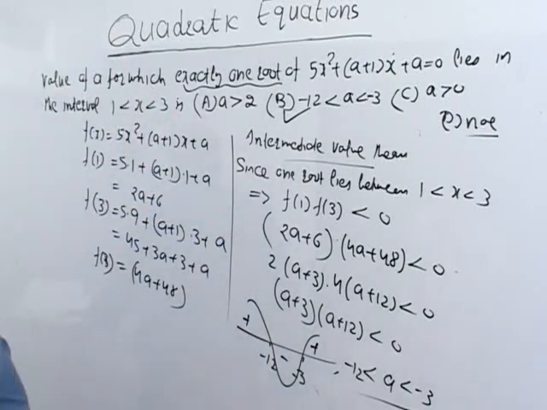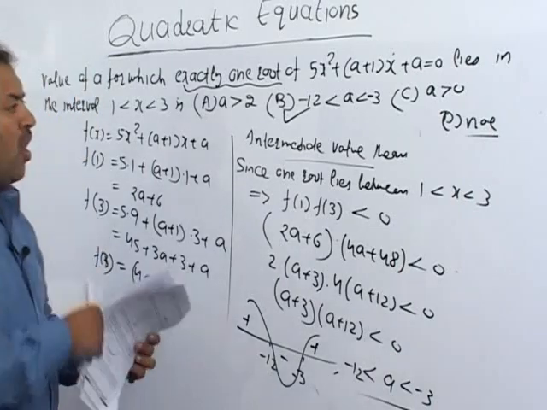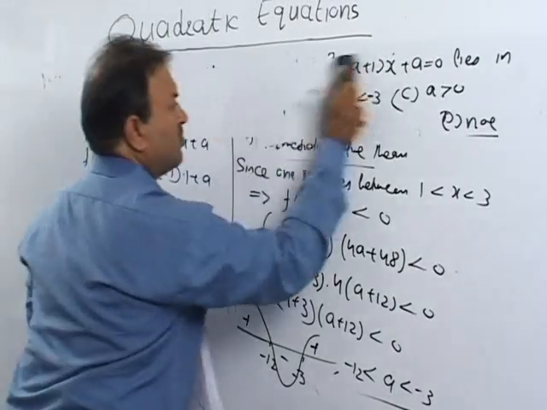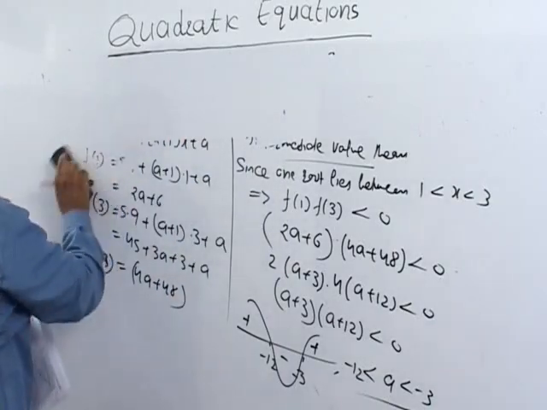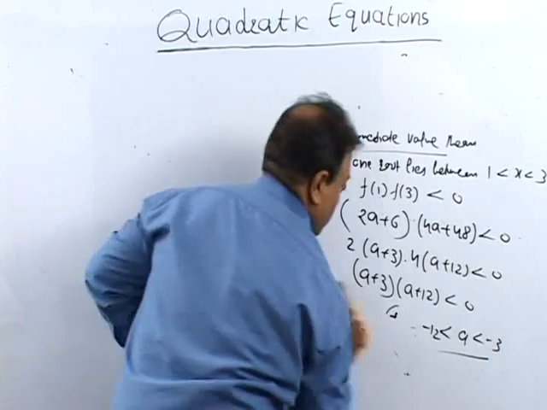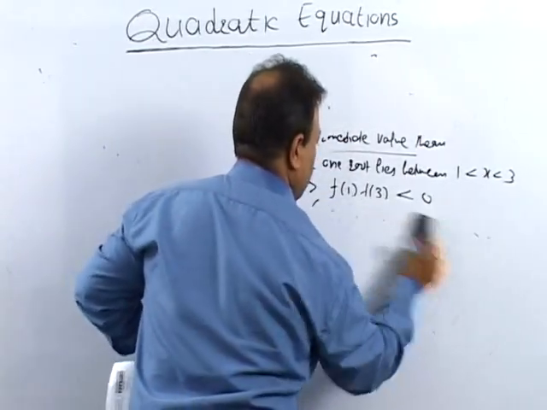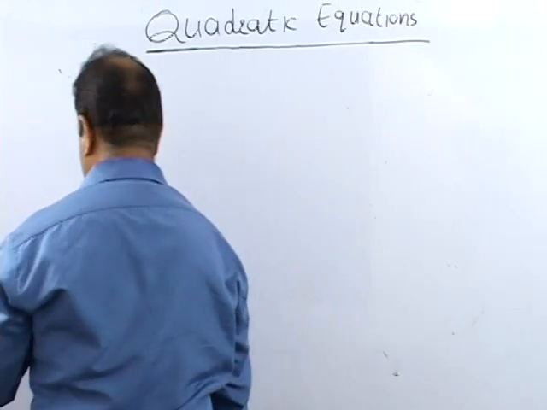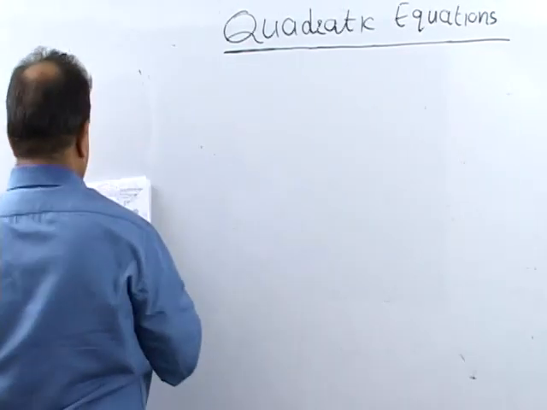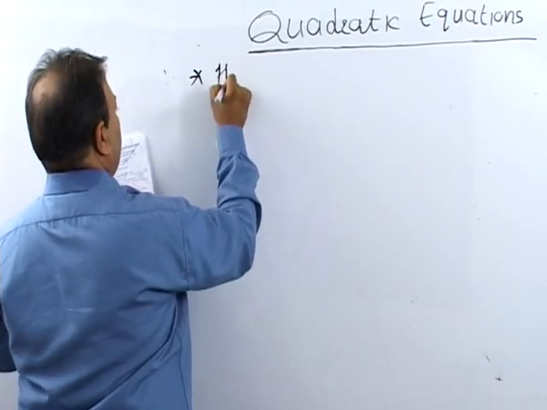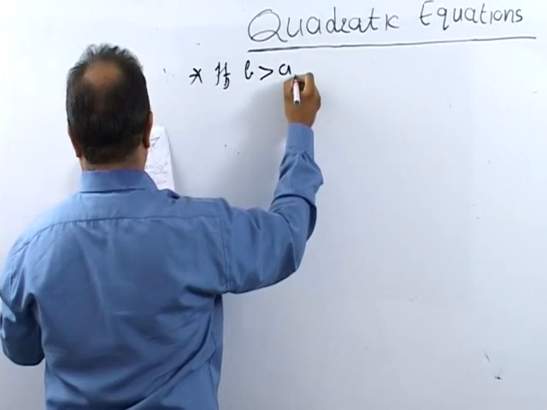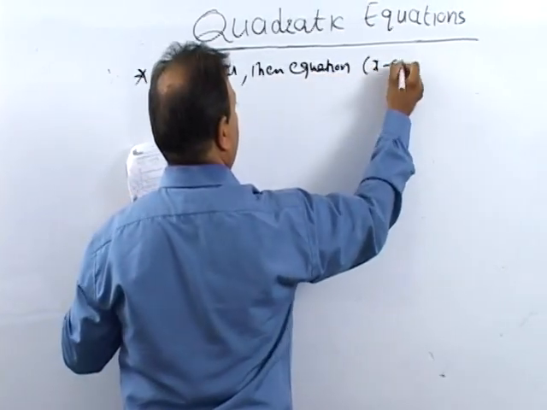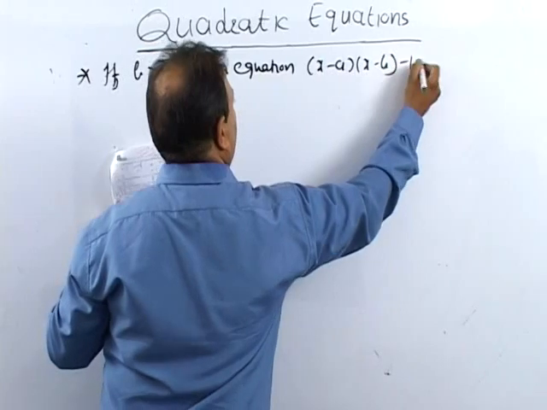Now the next problem of our booklet. The question is: if b is greater than a, then the equation (x - a)(x - b) - 1 = 0 has which of the following?